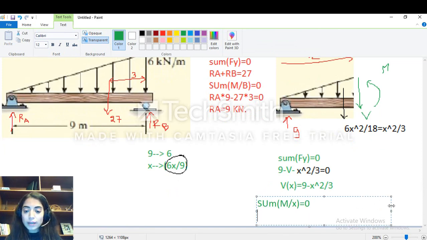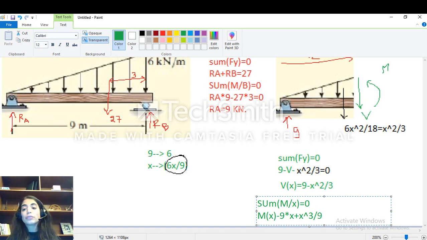This means, guys, that if I take M as the positive direction, M of x minus 9 times the whole distance, which is x, plus this F resultant times the distance, and don't forget that this distance is x over 3. So x over 3 times x squared over 3 will be x cubed over 9.